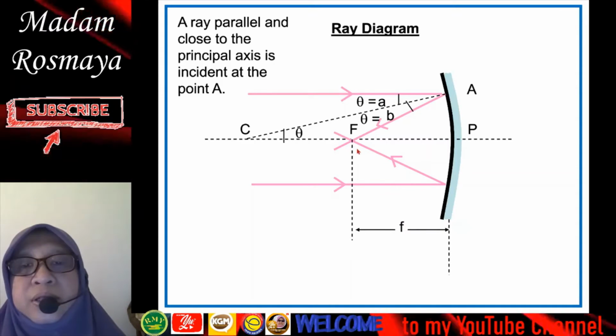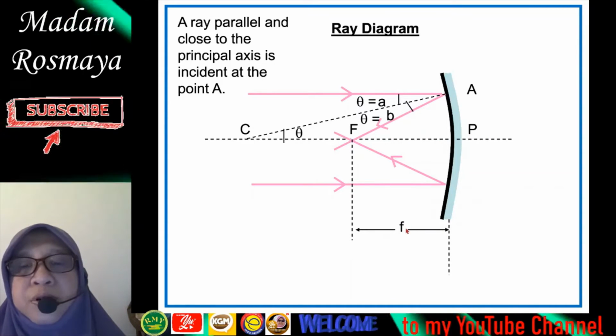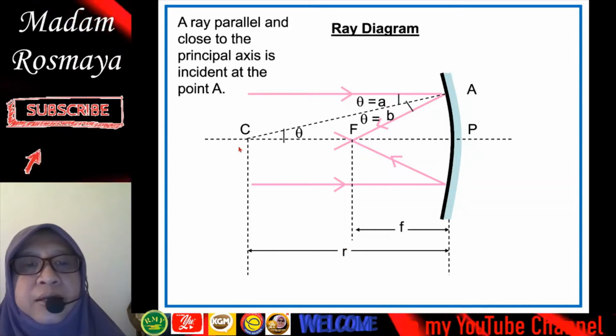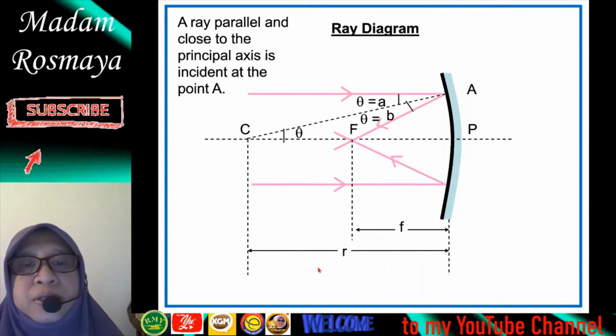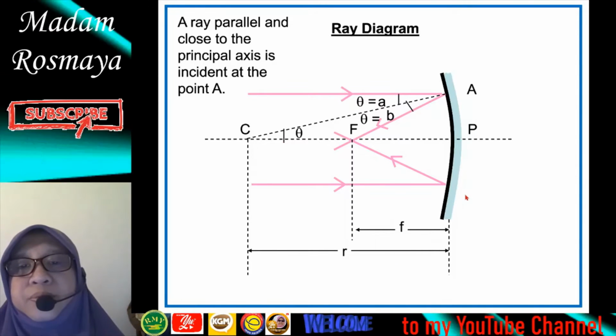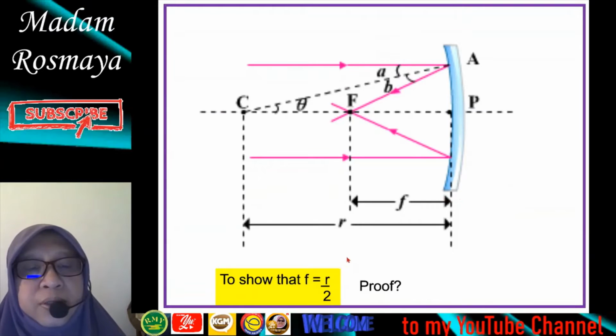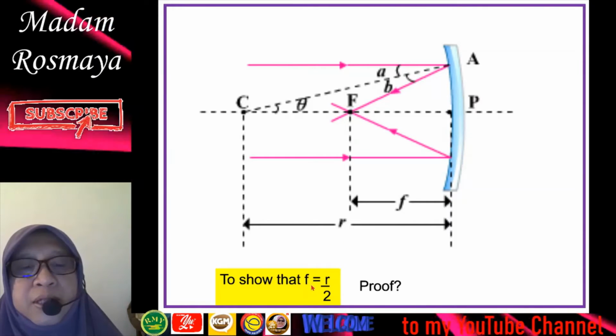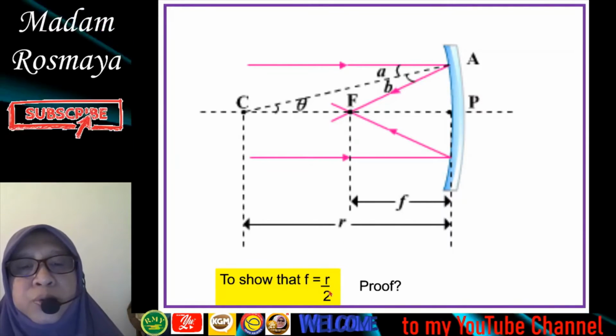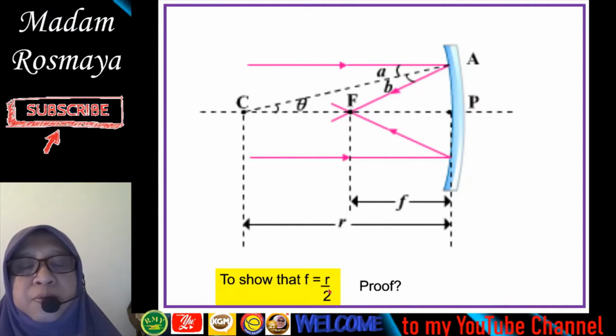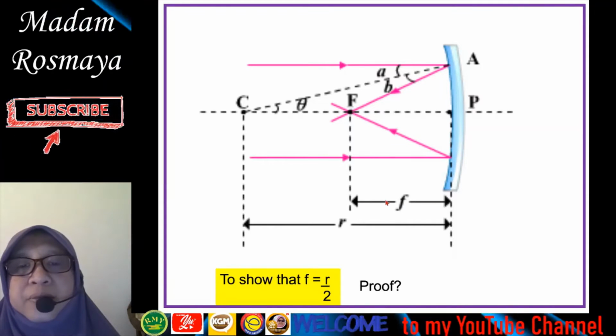So the length FP is called the focal length, and P to C is called the radius of curvature. We are going to prove that the formula is f equals R per 2, so the radius of curvature divided by 2, or half of the radius of curvature, equals the focal length.